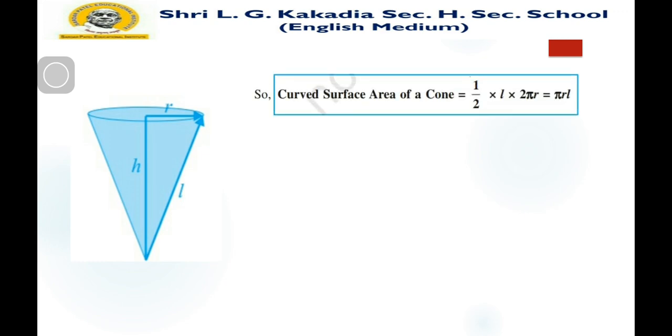The curved surface area of a cone is half into L into 2 pi r, which is equal to pi r L. So if you want to find the curved surface area of any cone, we can use the formula pi r L. This is the formula to find the curved surface area, where r is its base radius and L is its slant height.